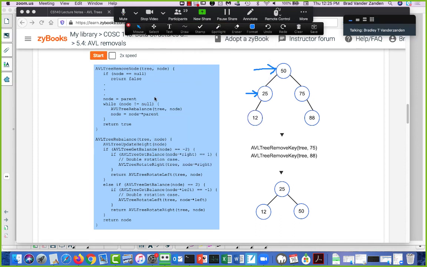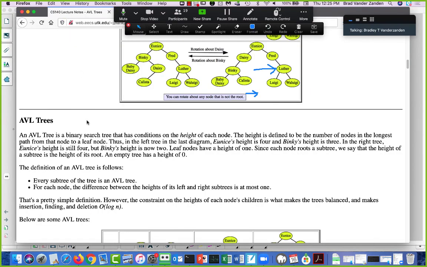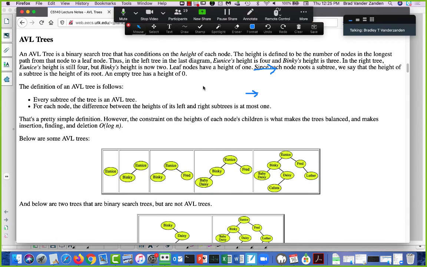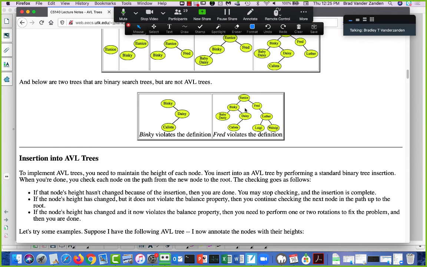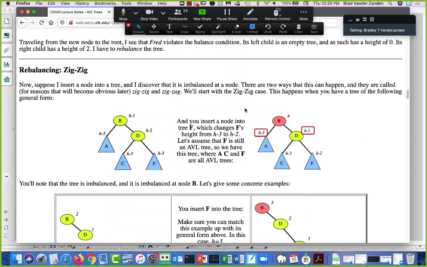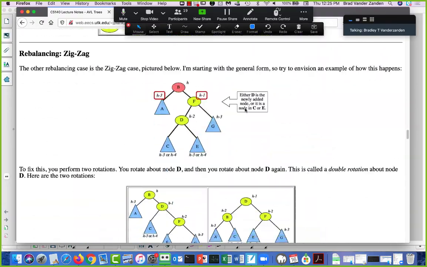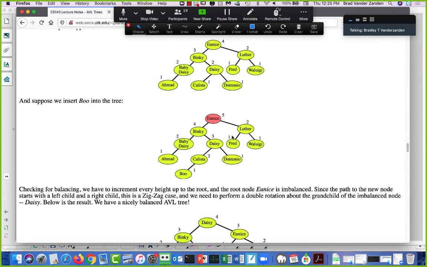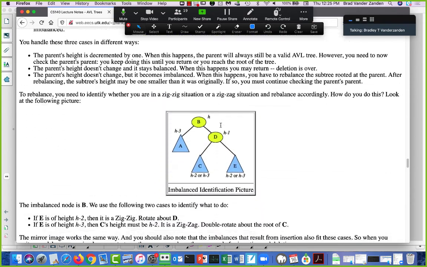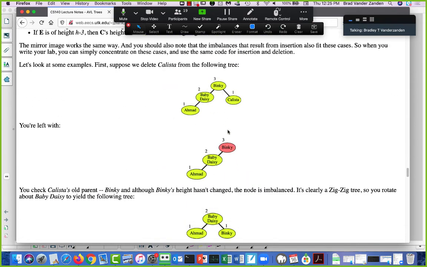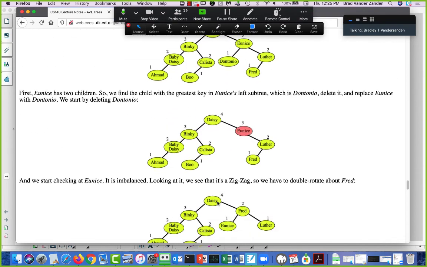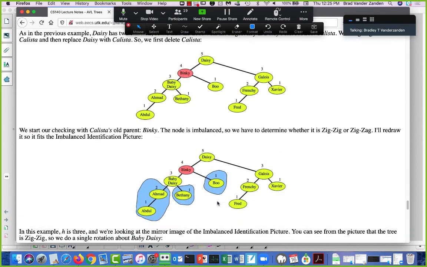So, I do highly encourage you to also look at Dr. Planck's examples. He has a whole bunch of examples where he both inserts into AVL trees and where he deletes from AVL trees. So if you're having some problems, look there.